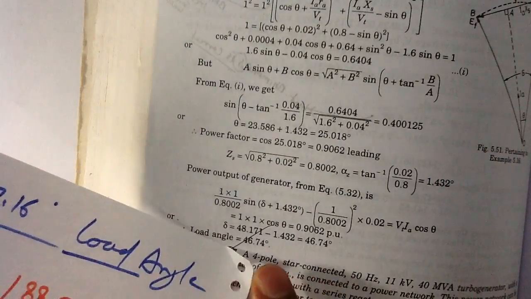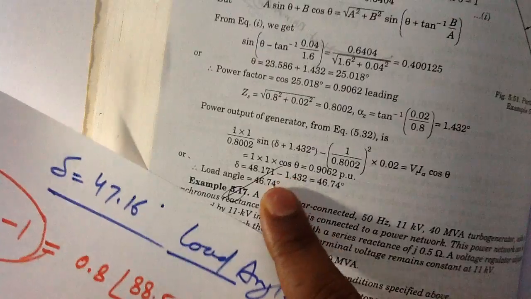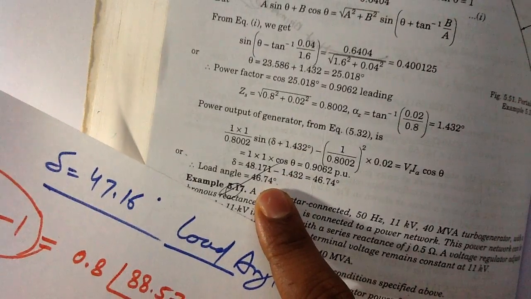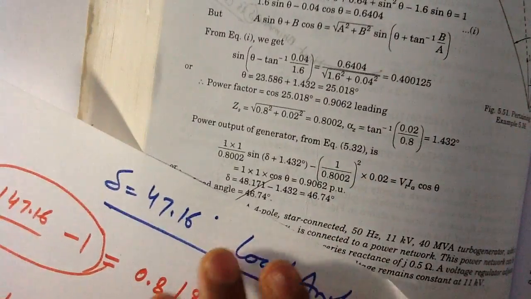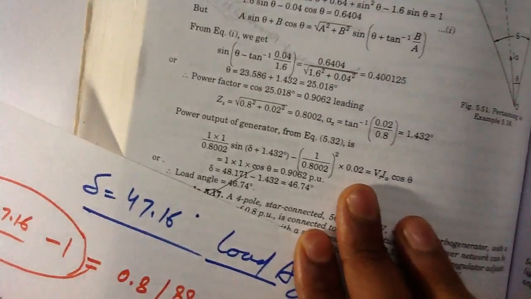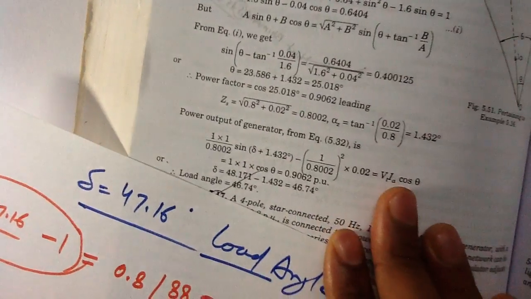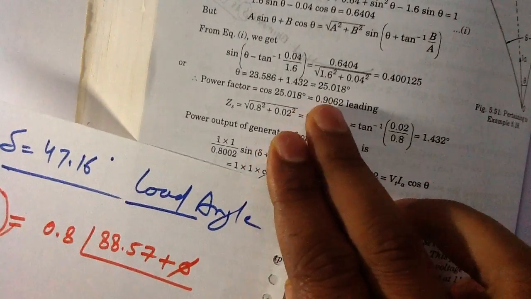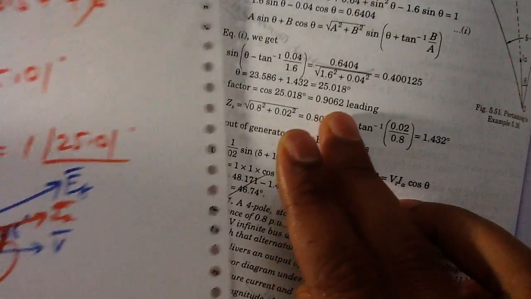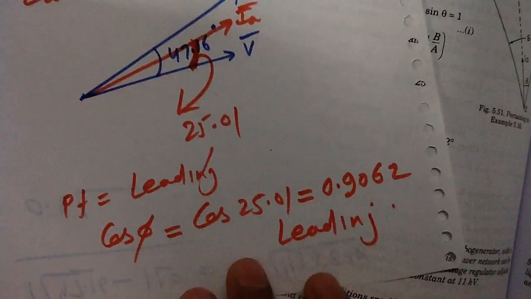So there is somewhat deviation between my answer and the printed answer of the book, and you can ignore it because the power factor which I have calculated is the same as what I have got here.